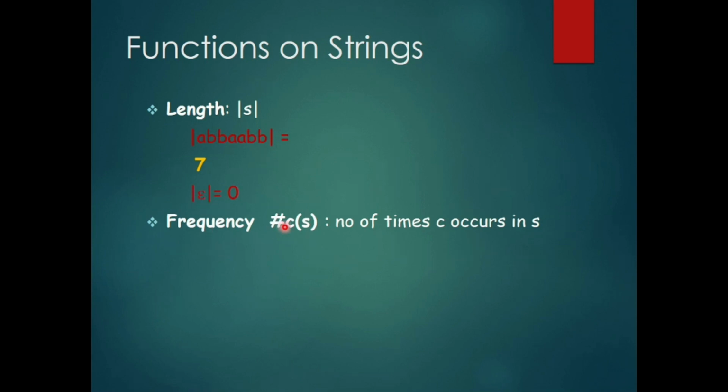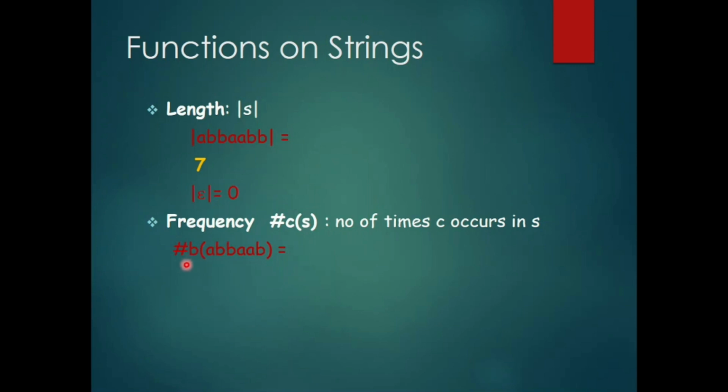Frequency. This is how I can represent or calculate the frequency of a character present in the string: hash C of S. This basically calculates the number of occurrences of the character C in the string S. With an example we'll get a clear idea.